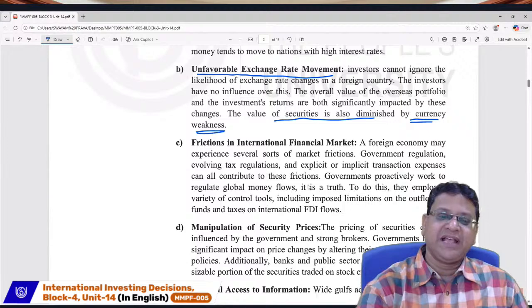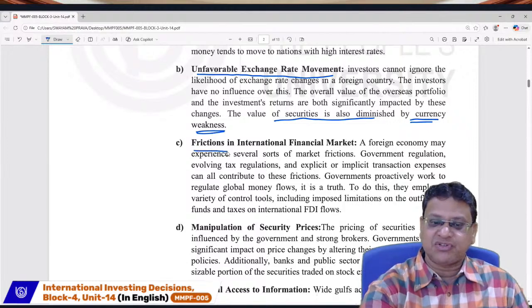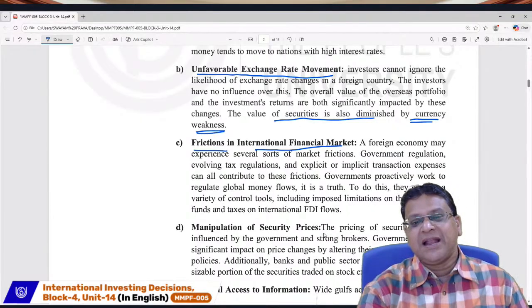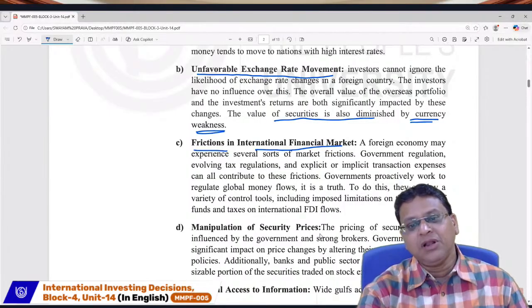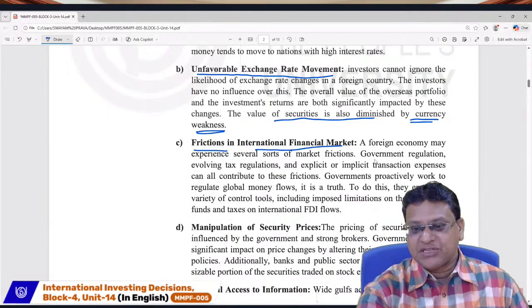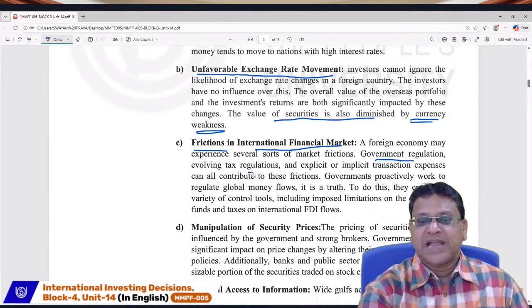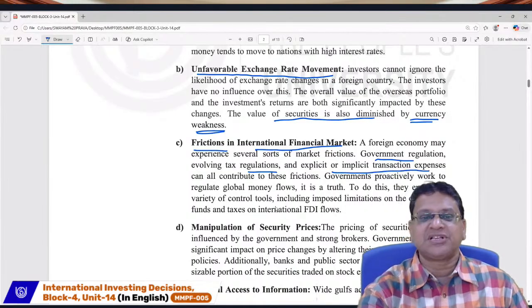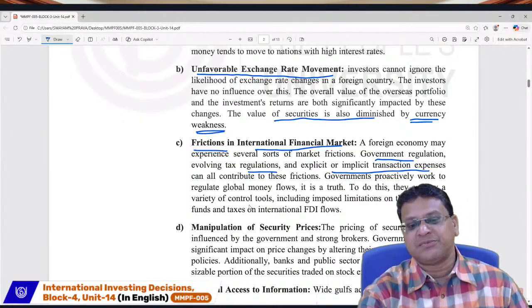The next limitation is frictions in the international financial market. We know that there are many frictions, restrictions, and hurdles imposed by governments, and these government regulations may relate to tax regulations and implicit and explicit transaction expenses, and these put a restriction on international portfolio investments.